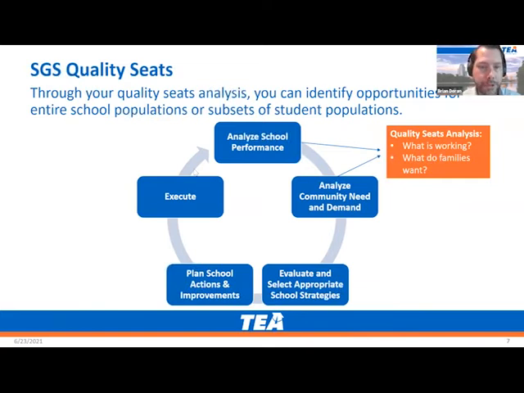So really, we're focused here on what is working for students, and then what do families actually want. And so this is an important piece for any sort of reassessment of your calendar redesign. I just want to emphasize the connection here between calendars and SGS.